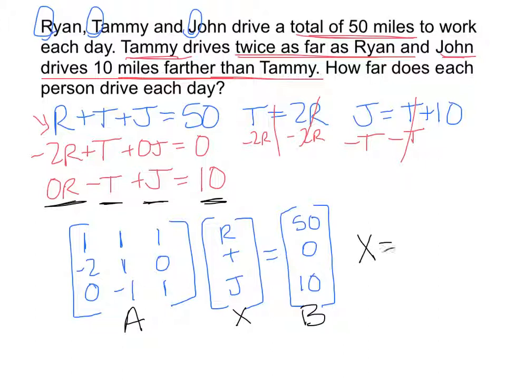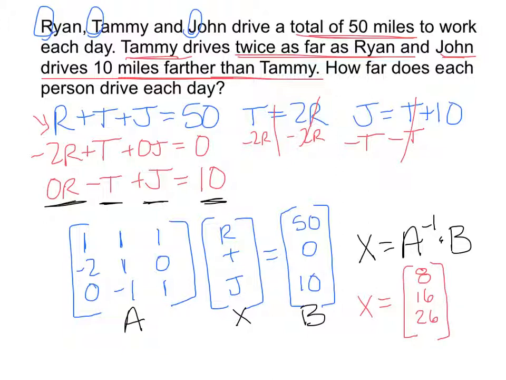So we're going to use our technology to find A inverse times B. And when we do that, we should get a 3 by 1 matrix as our result. So when I do it on my calculator, I get 8, 16, and 26. And again, let's interpret these things.